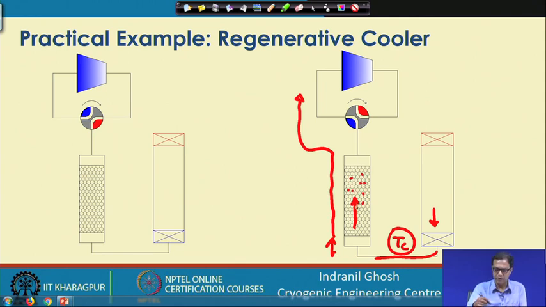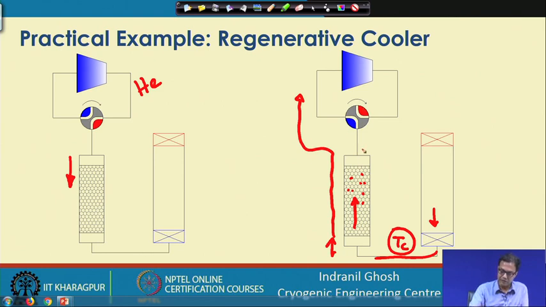So, we can understand that in one cycle the hot gas is coming in. Generally this gas is gaseous helium, and this pressurized helium passes through this configuration in one cycle.